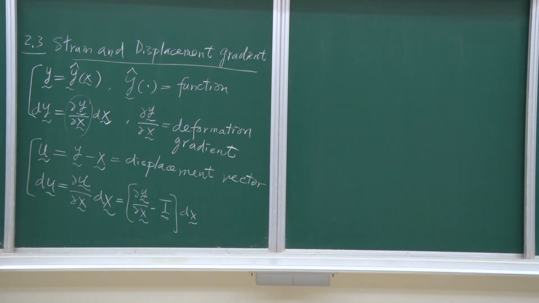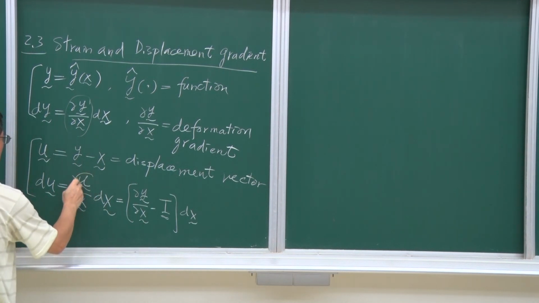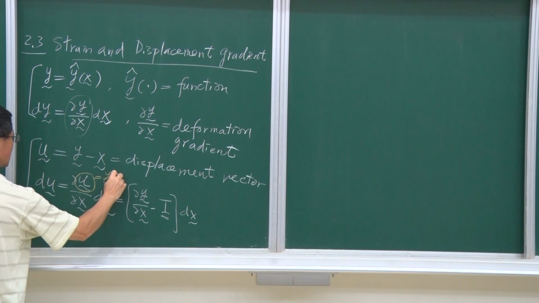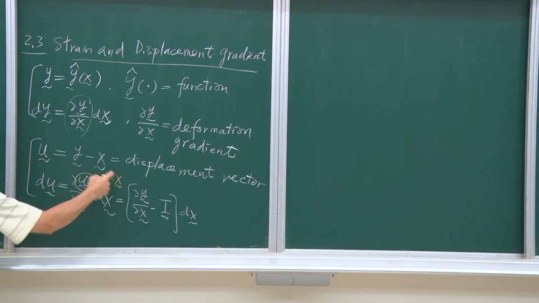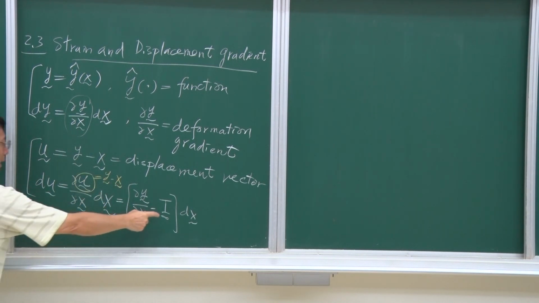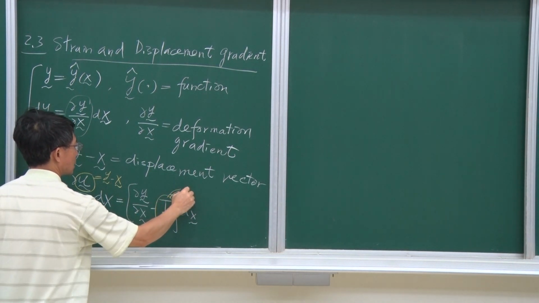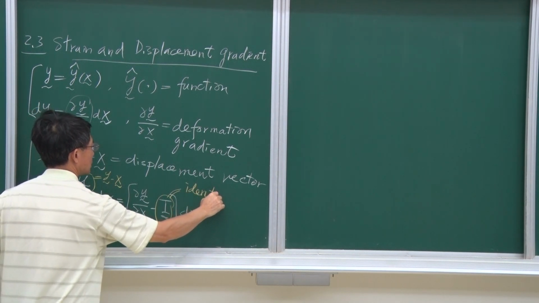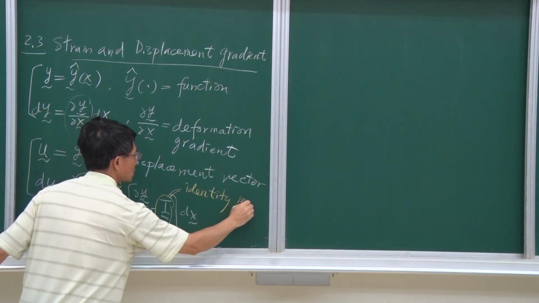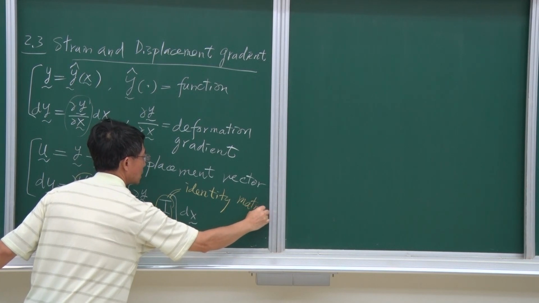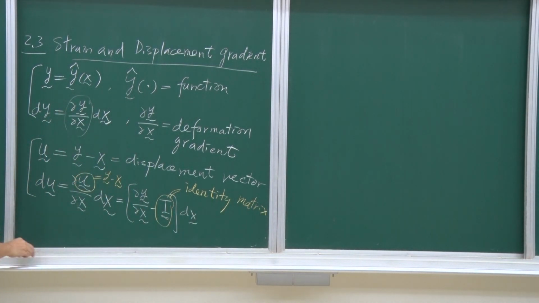Because if you take the partial of x with respect to x, we get I. This is the identity matrix. So this is the deformation gradient, and this is the displacement gradient.